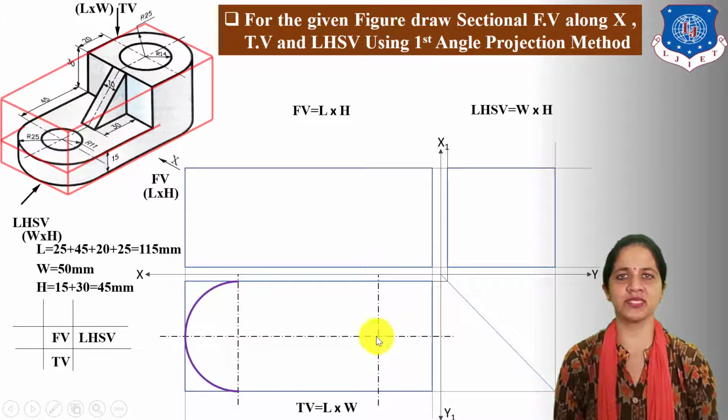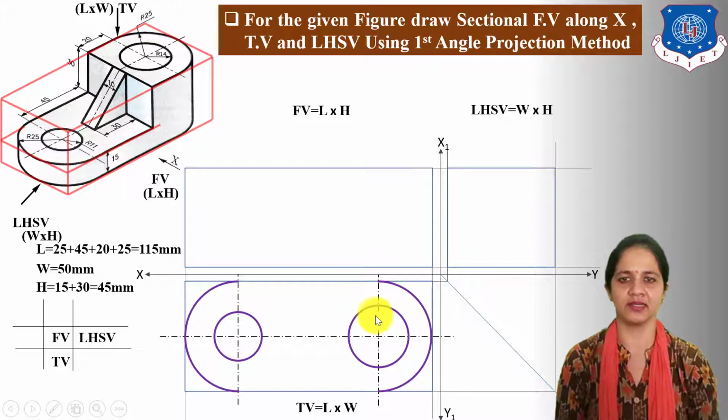Similarly, from this center point, radius 25 mm, draw another semicircle. Next, draw the two holes of this object. One hole radius is given 14 mm and another hole radius is given 11 mm. So from this center, draw an 11 mm radius circle and from this center, draw a 14 mm radius circle.